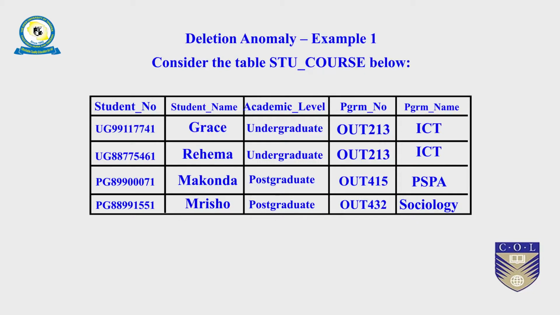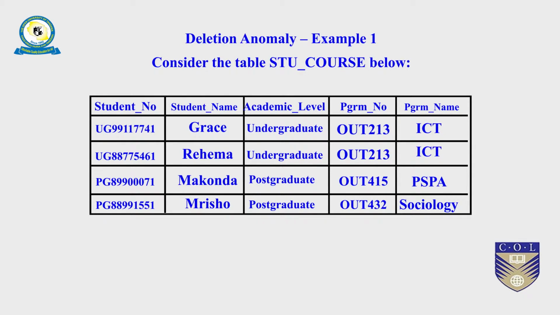Let's look at another type of data anomaly called deletion anomaly. A deletion anomaly occurs when you delete a record that may contain attributes that should not be deleted. Let us look at an example of deletion anomaly. You have a table here for students with student name, academic level, program number, and program name.